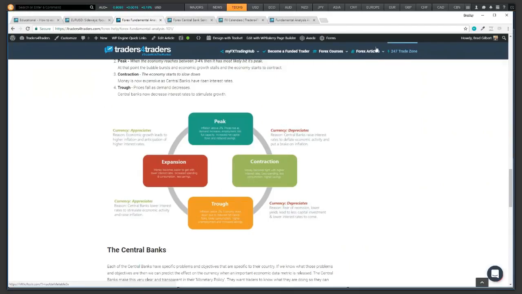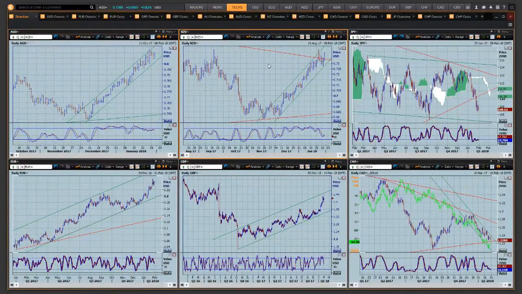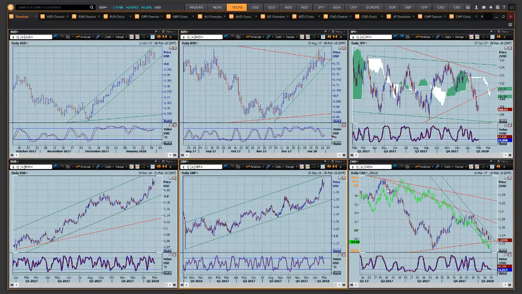Then secondary, to identify the easiest way to do it, go to your daily charts and get some trend channels on your charts and see if you've got very clear trends. Now, you can see here, once again, the Aussie, Kiwi, Euro, and Sterling all look pretty groovy, right?